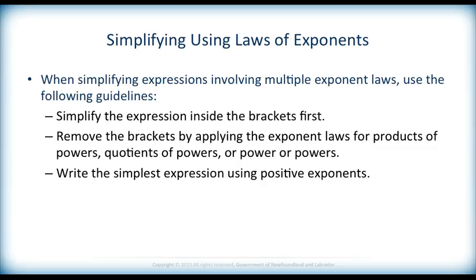You can do this by removing the brackets, by applying the exponent laws for products of powers, quotients of powers, or power of a power. Lastly, you will then write the simplest expression using positive exponents. From the previous section, we learned that we cannot have an answer with a negative exponent. If we do, we must take the reciprocal of the base, leave the exponent the same, and keep it positive.